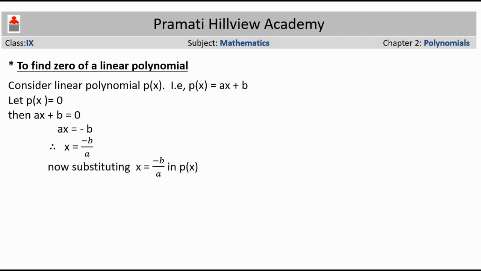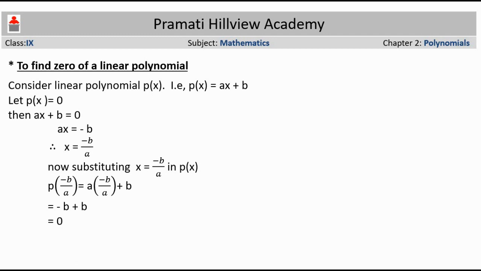Substituting x equals minus b by a in p of x, we get p of minus b by a equals a into minus b by a plus b. Here a and a get cancelled. We'll get p of minus b by a as minus b plus b, which equals 0.